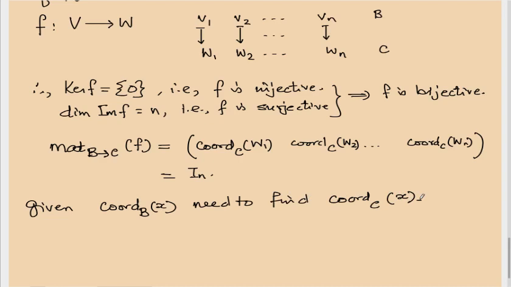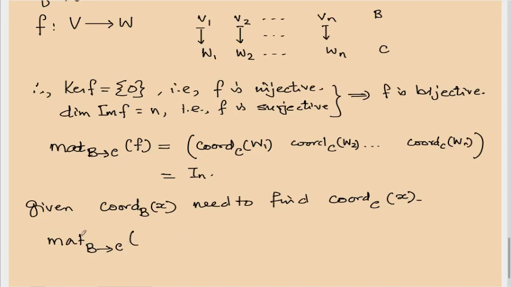So my linear transformation is not this particular F. I want to find this for the case where x is actually being taken to x. So I want the matrix of the identity linear transformation.